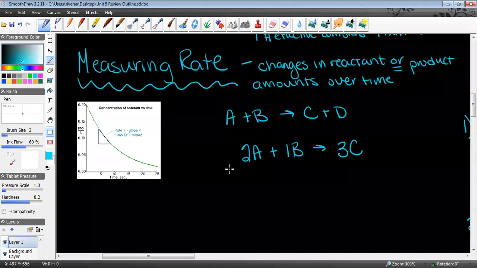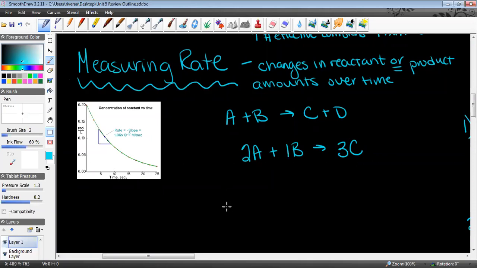So if I wanted to compare these rates to each other, I could say that -1/2 the change in concentration of A over time is equal to negative the change in concentration of B over time.